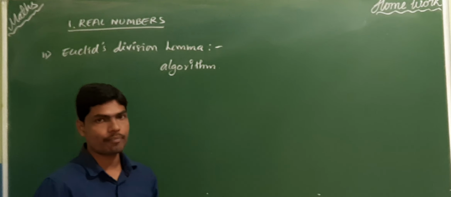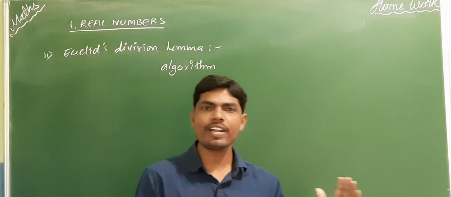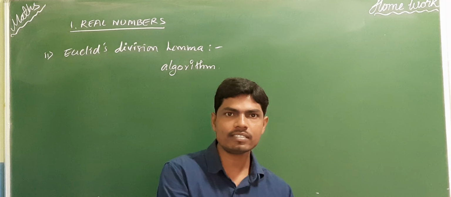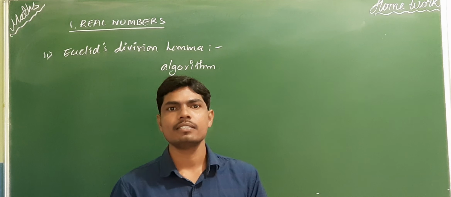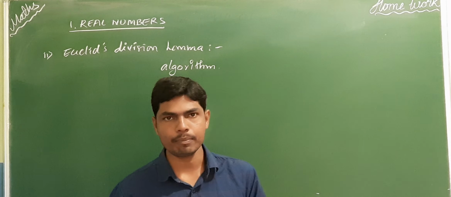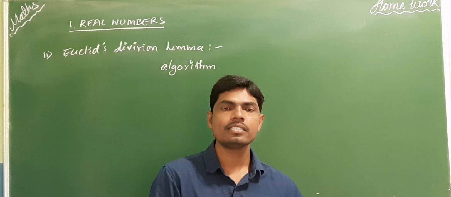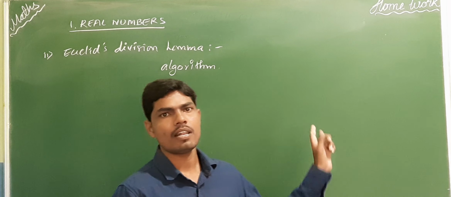And what is a lemma? A lemma is a proven statement. That means it is already proved, and we take that proven statement to prove another statement. Listen, a proven statement used to prove another statement is called a lemma.